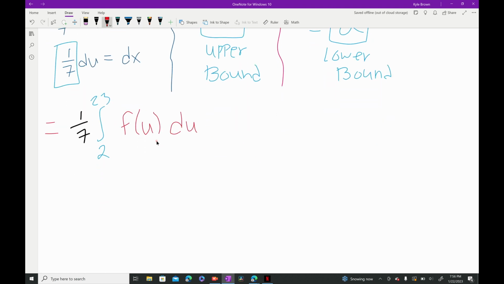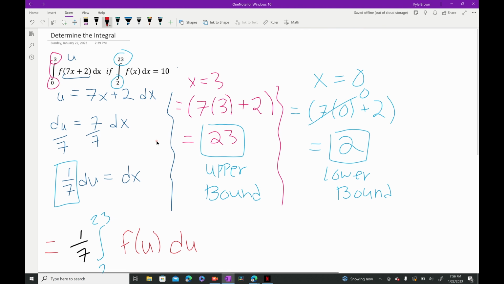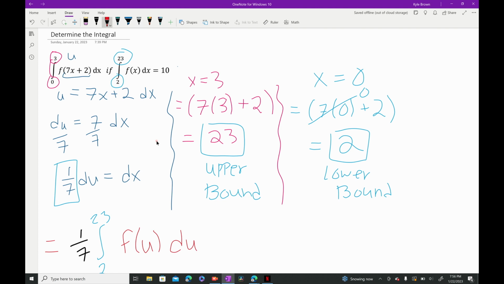And then since we already know that our f of u du, we evaluated the boundaries for, we can substitute this value in, because when we substituted the u function and took the derivative and we took the constant out, we now know that these two integrals are actually similar.